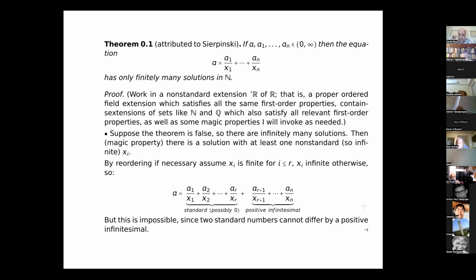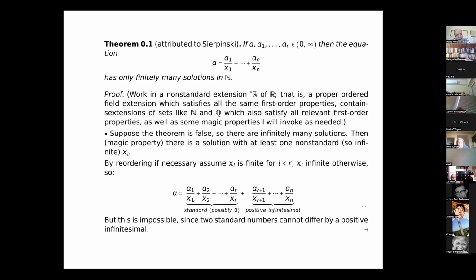I always prepend the example by saying, look, there are obviously standard proofs of this. For example, Sierpinski was doing his work before the introduction of non-standard analysis. But what's interesting is that there's a non-standard proof, and inevitably somebody comes up and says, oh, I've got a standard proof of this. And in this case, it was Mel that had it.